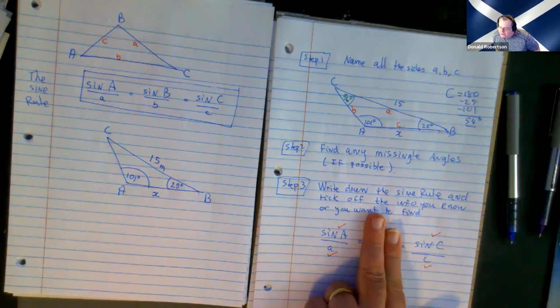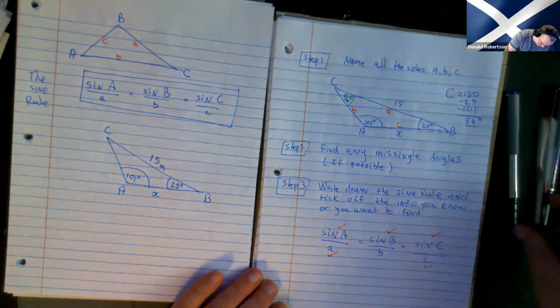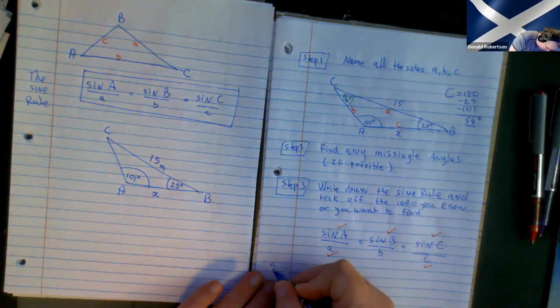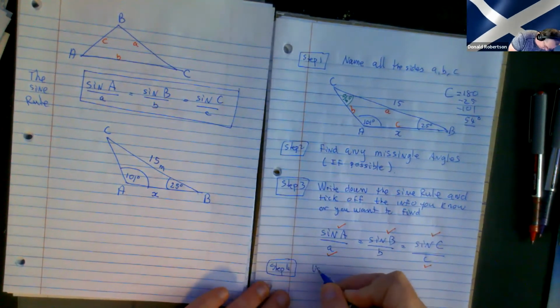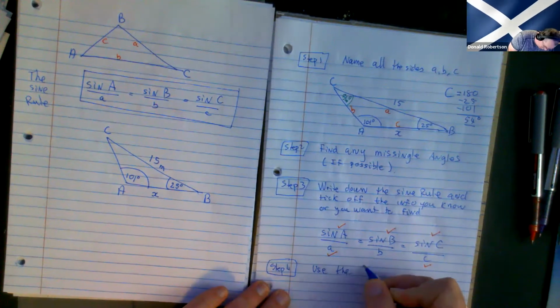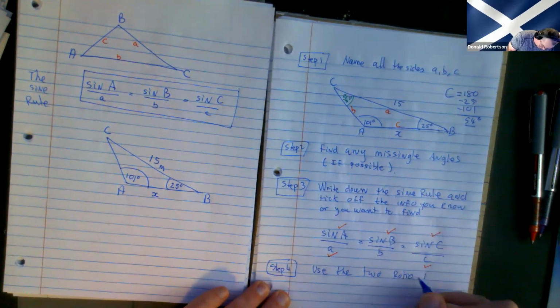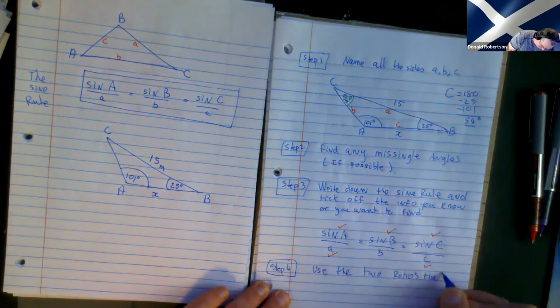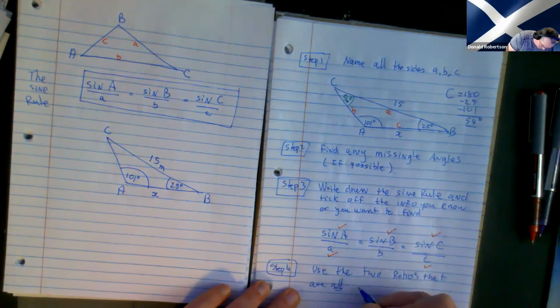If you're going to have an equation, you can't have 2 equals signs. So in this case, step 4 is coming up. Use the 2 ratios, basically fractions, that are all ticked off.